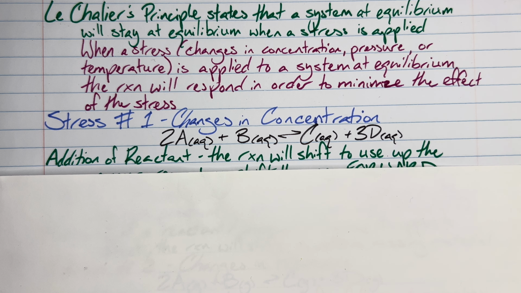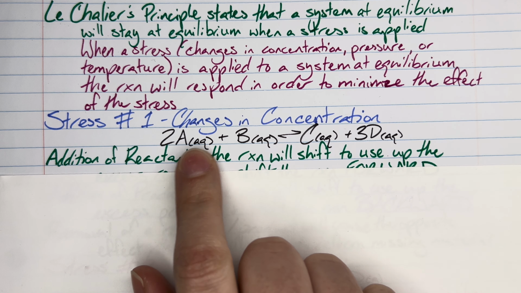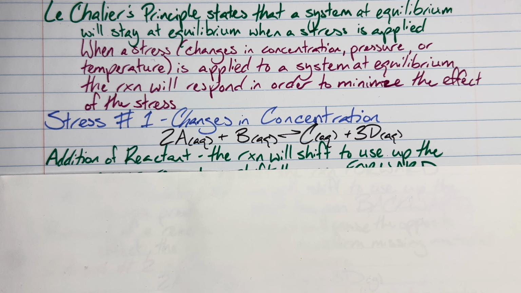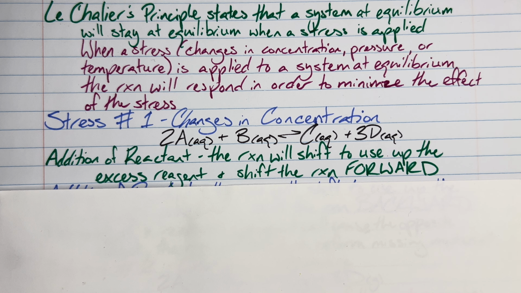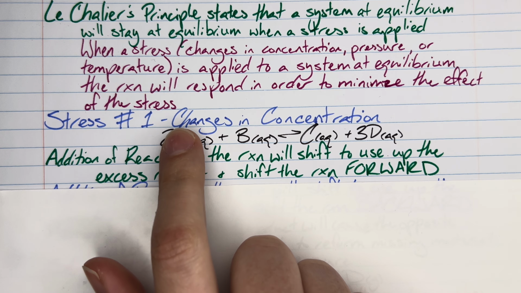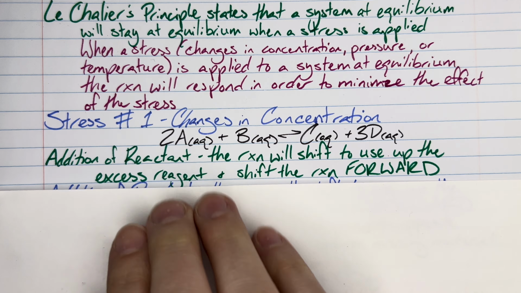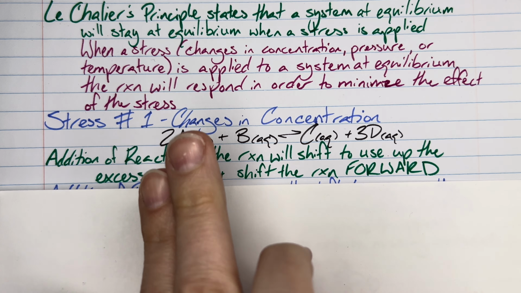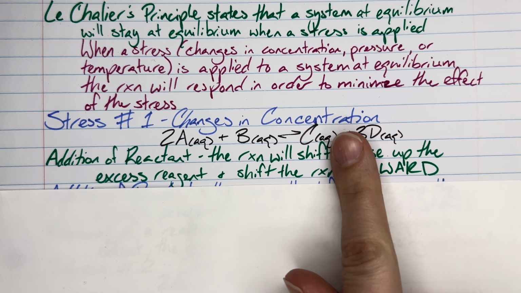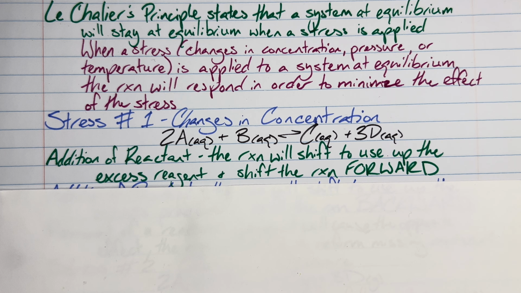If I were to add a reactant, so if I added an additional A or B after the system had already reached equilibrium, then the reaction will shift to use the excess reagent and thus shift the reaction forward. So if I add a bunch of extra A, the system is going to go, oh no, that's way too much A. I need to get rid of that reactant. And so the entire reaction will shift forward to use up that excess reagent.